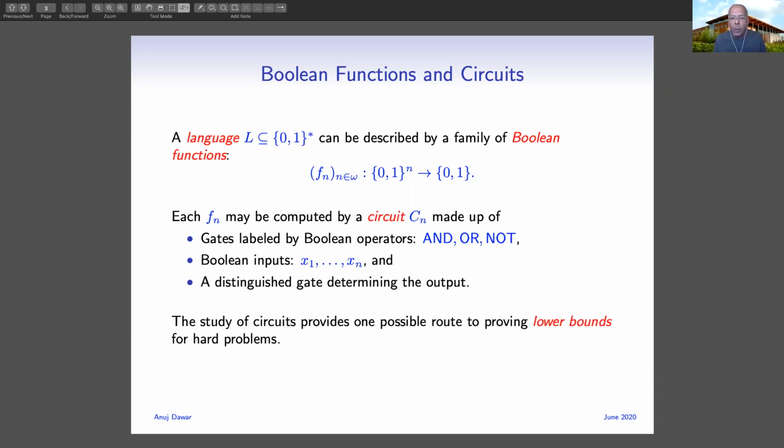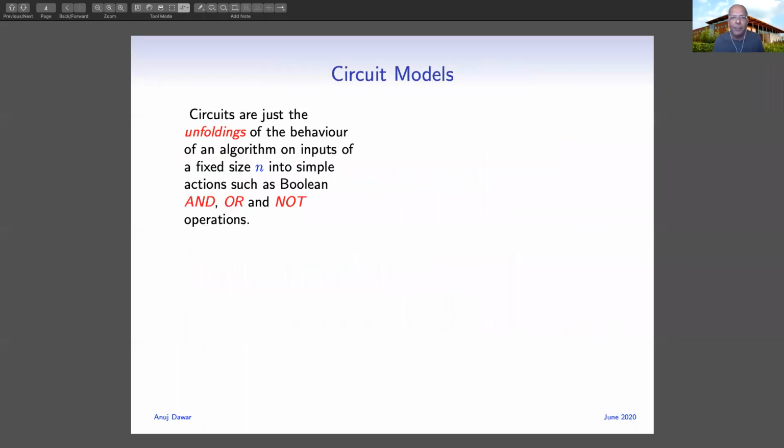The hope is, of course, that it provides one possible route to proving lower bounds for hard problems. I mean, this was, I suppose, back in the early days, 1980s, 90s, the great hope of circuit complexity, which kind of eventually foundered. But then most efforts at proving real strong lower bounds, like separating P from NP, have foundered somewhere or the other.